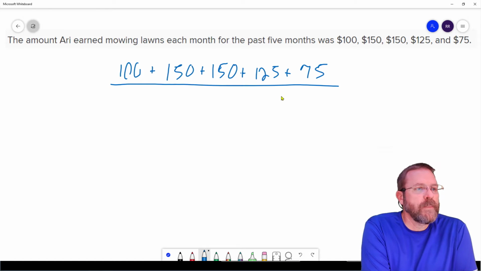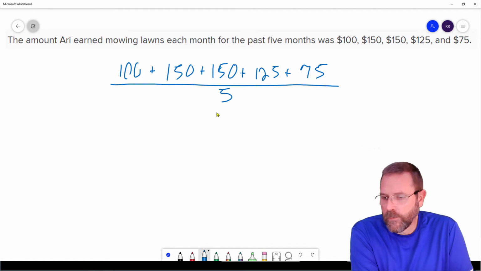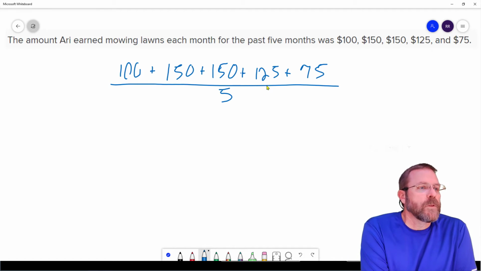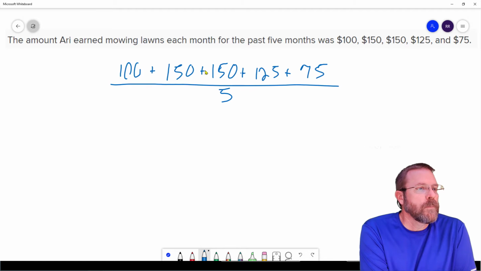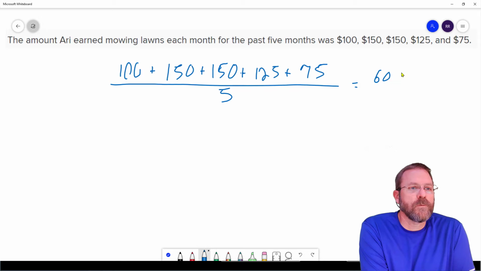And we're going to divide that by the number of data values, which is going to be 5. So let's see here. We're going to have 200 plus 300 is 500, 600. That's going to give me 600 divided by 5, which means that the average, I think I did something wrong here. Nope, the average is going to be $120.